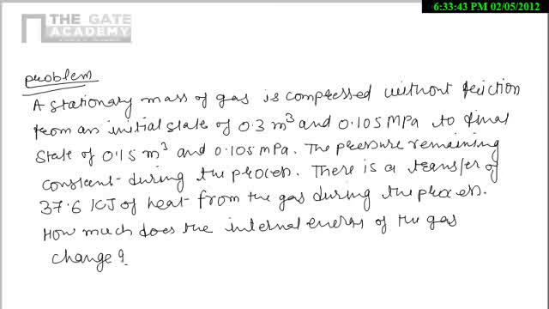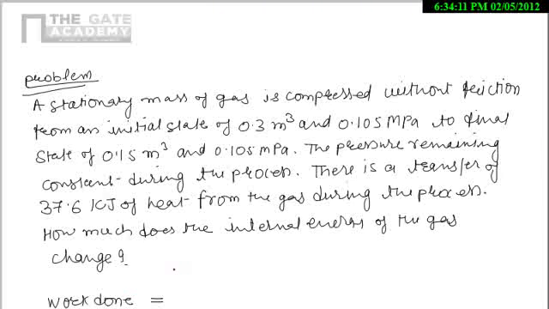So we have to find out the change in internal energy. This problem is purely based on the first law of thermodynamics. Before writing the first law, let's calculate the work done in this process.